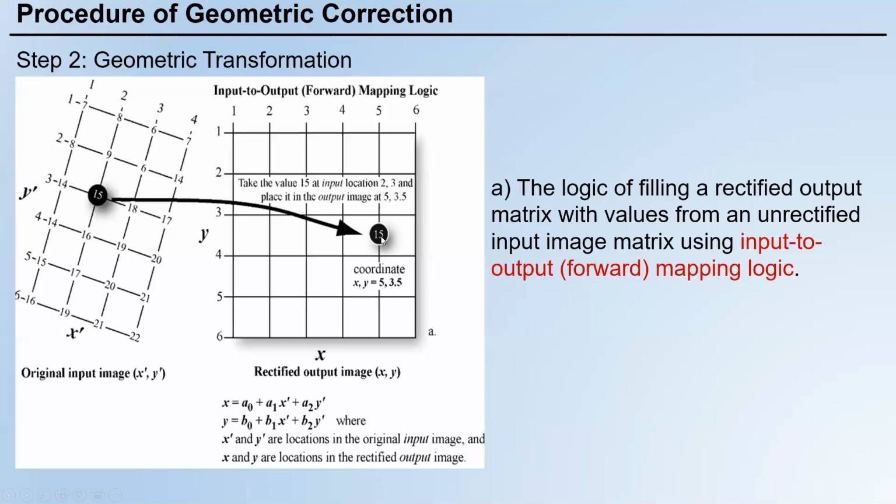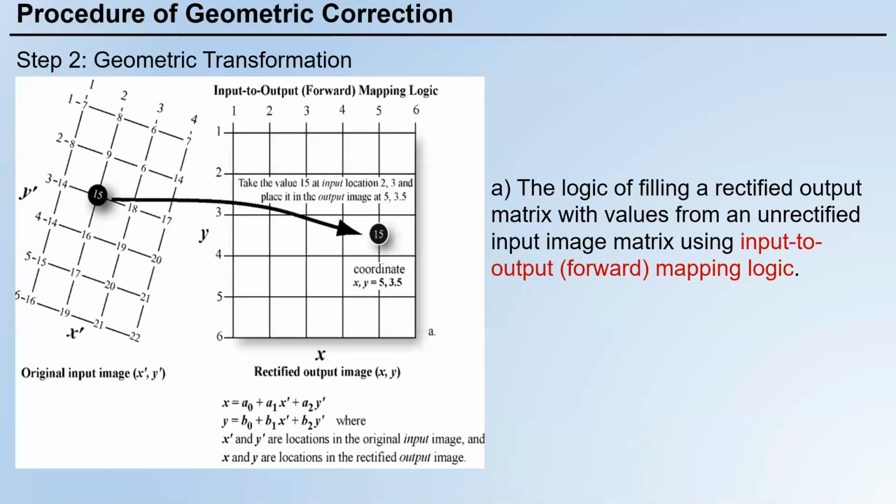Okay, so 15 should not be here. Should not be here either. It's somewhere between these two pixels. So how do we distribute this value 15 to other two pixels in the output image? Like I said, you can use something called resampling, and the easiest way is called nearest neighbor.